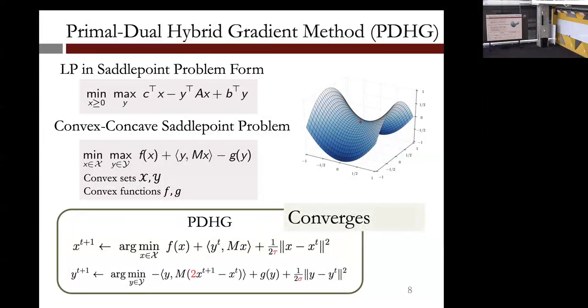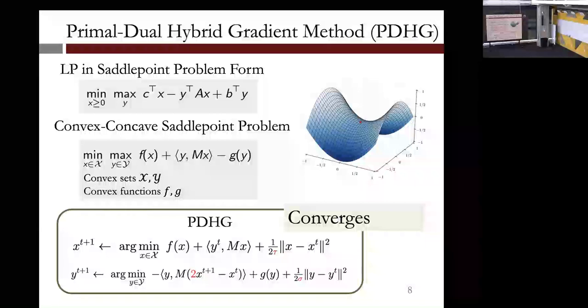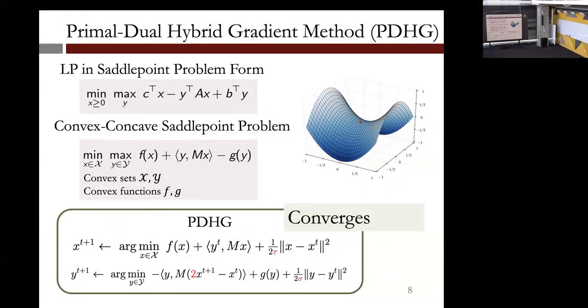Instead of updating using x_{t+1}, I take x_{t+1} plus also (x_{t+1} minus x_t). That gives me a little bit of history, and also makes this more of a simultaneous problem to solve. And this changes everything.